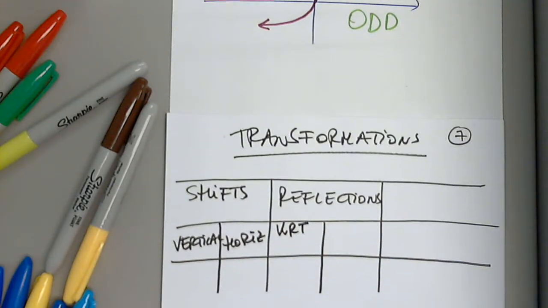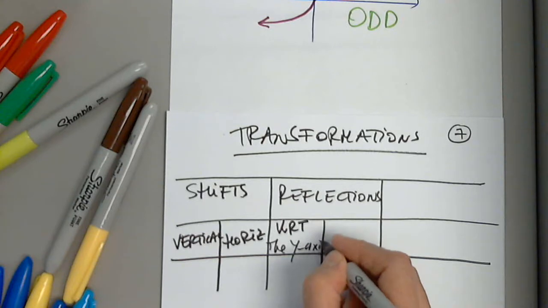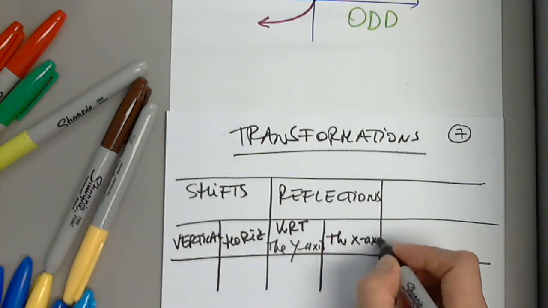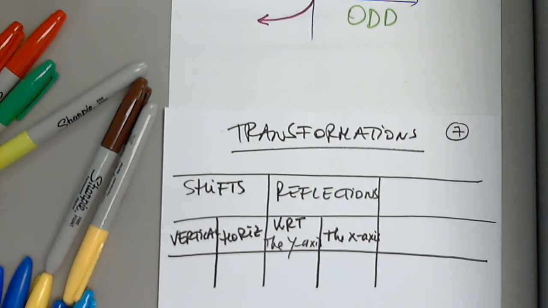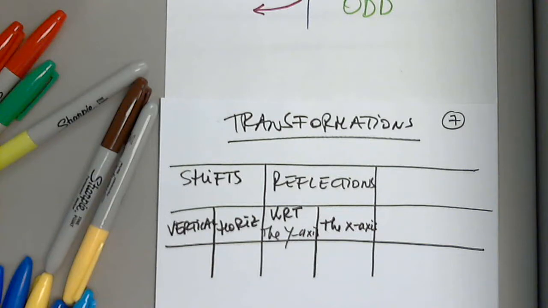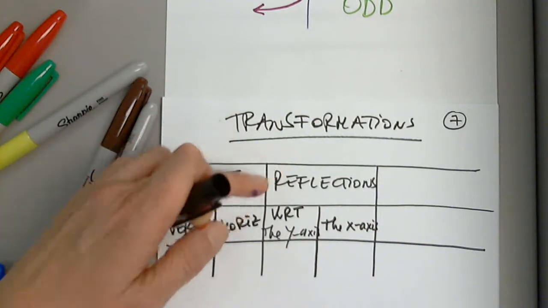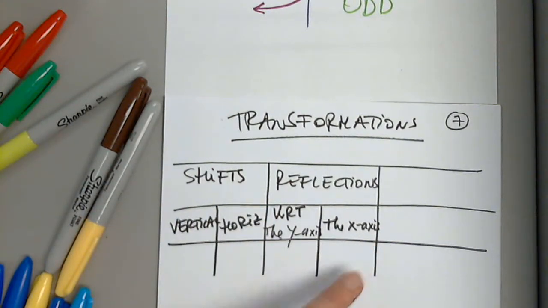WRT, with respect to the y-axis or with respect to the x-axis. Is this okay? So shifts, vertical, horizontal, reflections, WRT with respect to the y-axis or with respect to the x-axis.